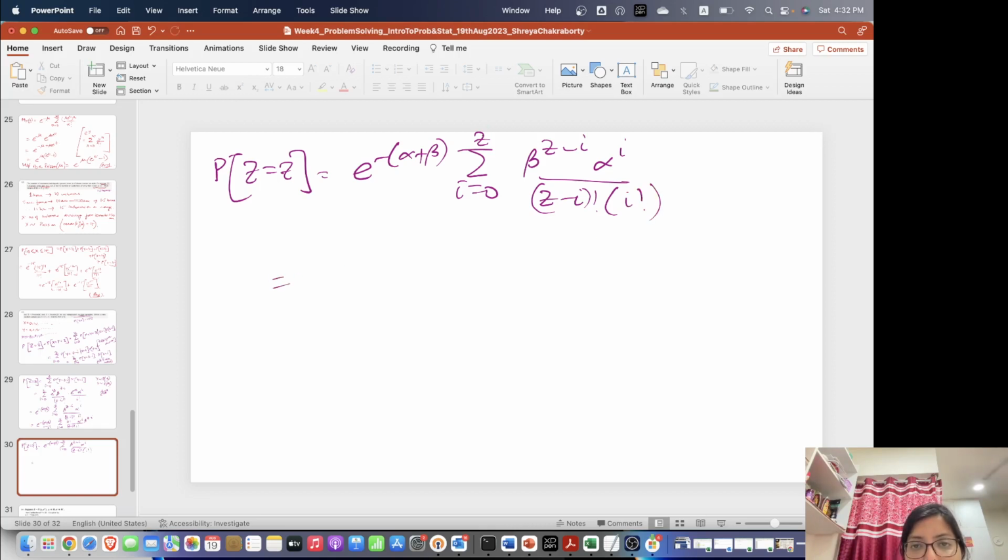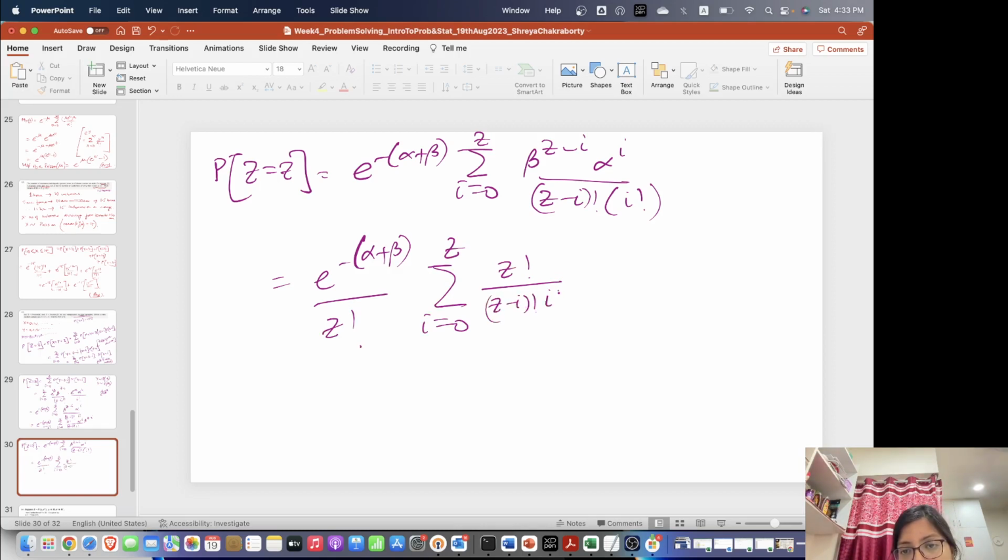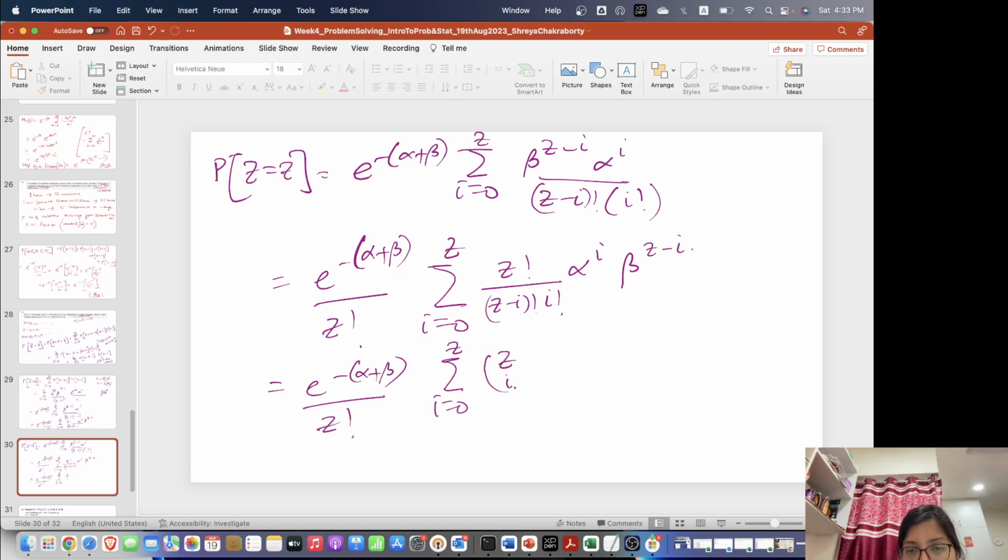So we are writing e to the power minus alpha plus beta by z factorial into summation i equal to 0 to z, z factorial by z minus i factorial into i factorial, alpha to the power i beta to the power z minus i. So what we are writing is zCi alpha to the power i beta to the power z minus i.